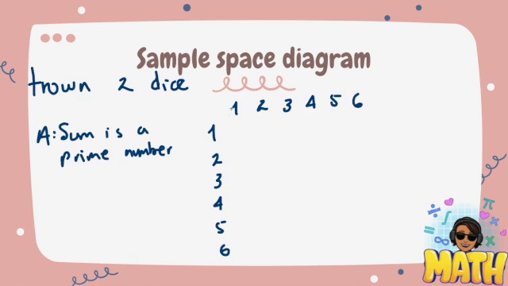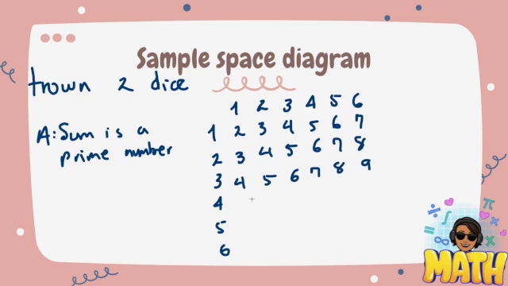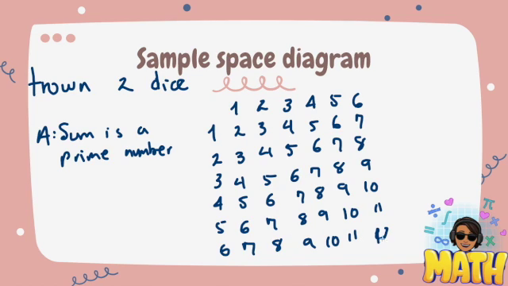So, to find the possible outcomes of this, we're going to add the outcomes, right? 1 plus 1 is 2, and so on and so on. Okay, so here we're going to have 3, 4, 5, 6, 7, 8, and so on. Okay, very good.